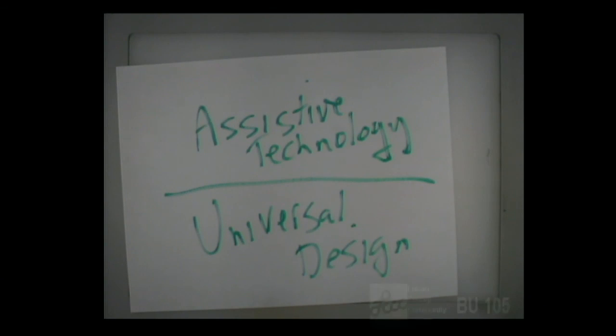However, if this assistive technology isn't taken into account when you're designing, bad design can beat it. For example, if there were no elevators in this building, someone could have a wheelchair and it still wouldn't help them get upstairs.